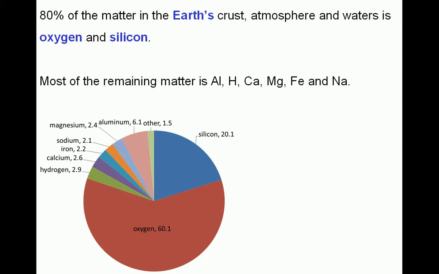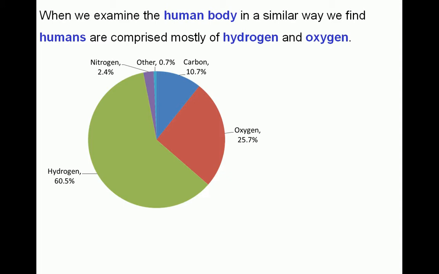So the composition of the place where we live is actually not very representative of the universe at large. If we look a little bit closer and we look at what makes up our actual bodies, we see that it is very different from even the Earth or from the universe in general.